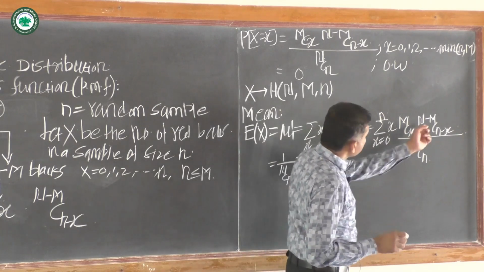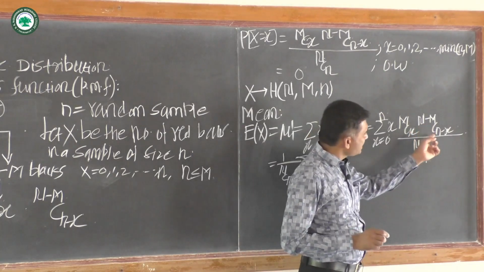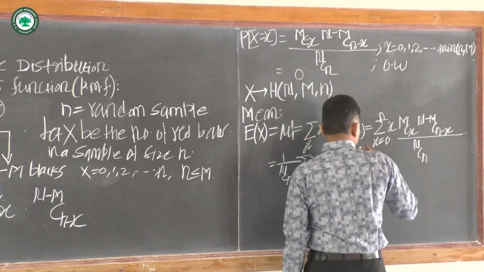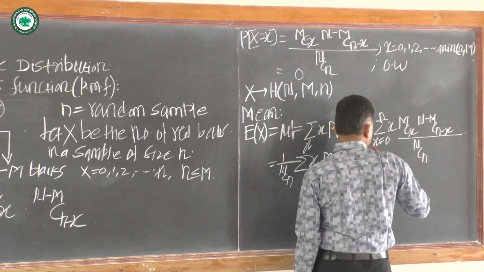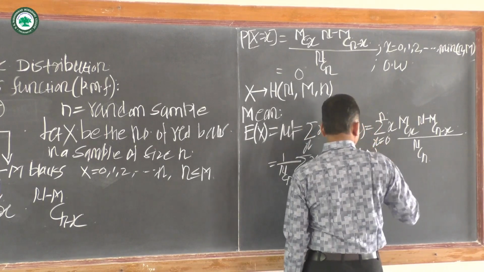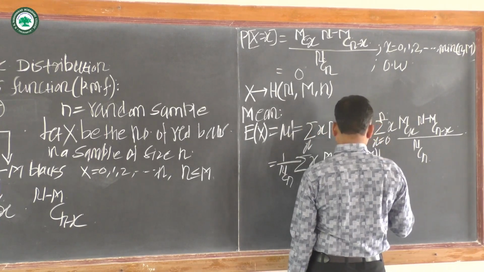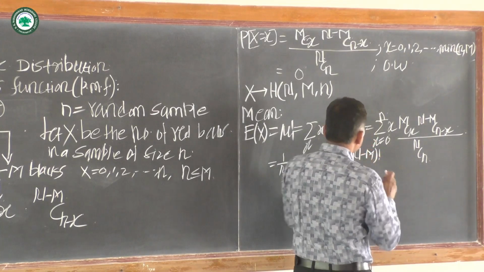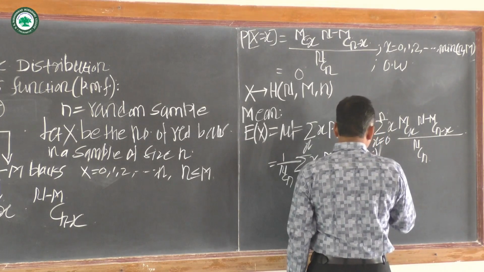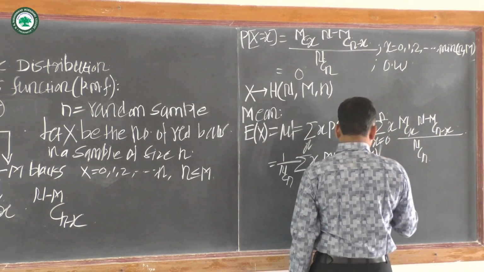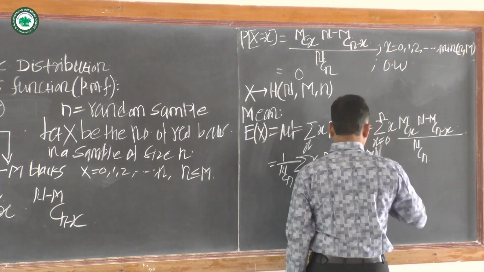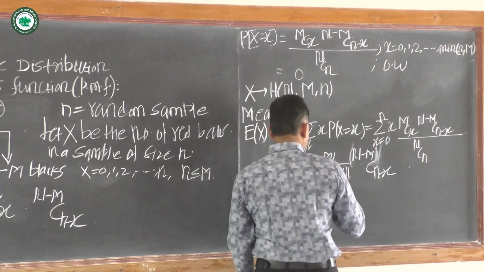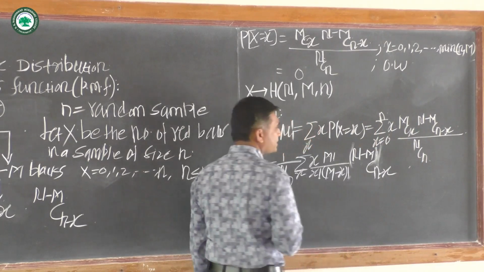Okay, and (N minus M)C(n minus x) can also be written as (N minus M) factorial upon the corresponding factorials. Now we keep this term as it is, (N minus M)C(n minus x), here summation over x.